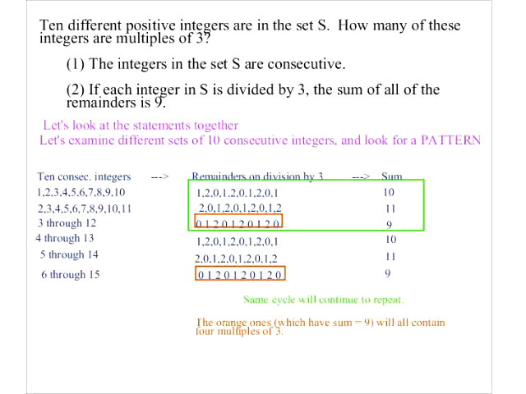So that's sufficient. So overall answer here, C. If you forgot to combine the statements, then of course that's an issue. I think you knew that, but don't forget to combine the statements.